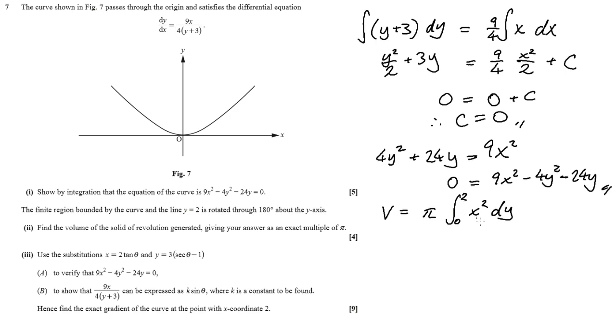By rearranging this equation to get x², we divide by 9: x² equals 4/9 y² plus 24/9 y. If we factorize, we have 4/9 times the integral from 0 to 2 of y² + 6y dy.